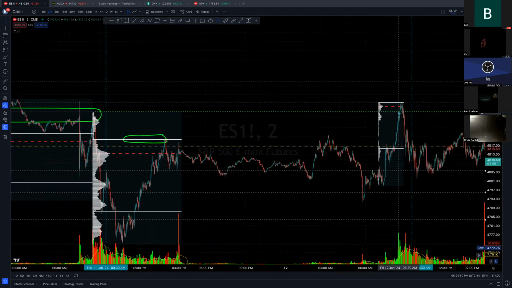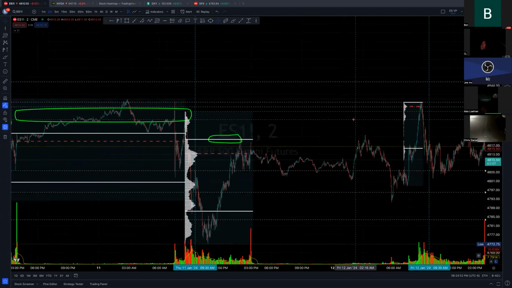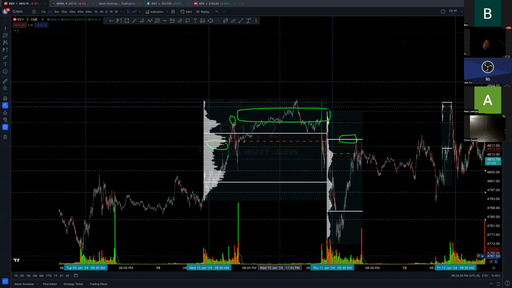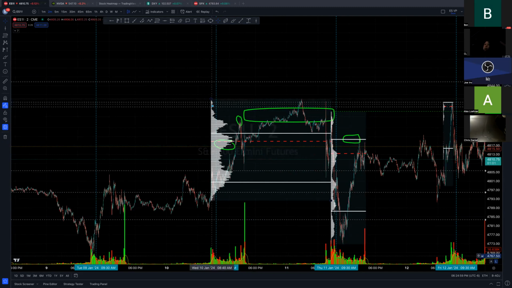So on the volume profile here, when we moved up and reached these highs on the previous sessions, you guys notice how on these sessions we had basically no high volume node? And look at over here. Essentially, again, no high volume node.